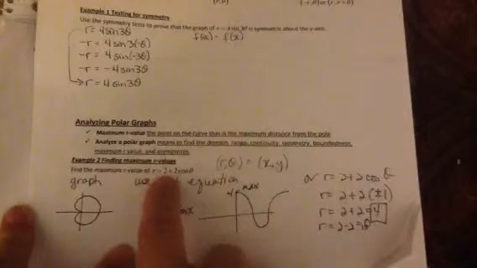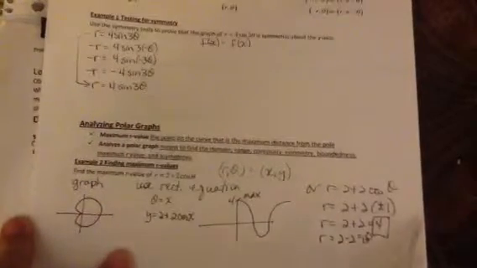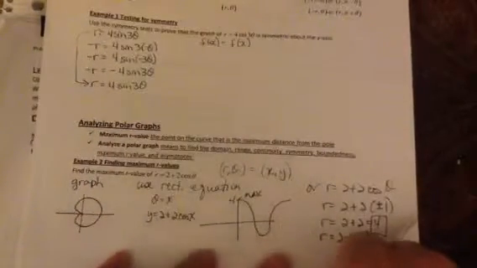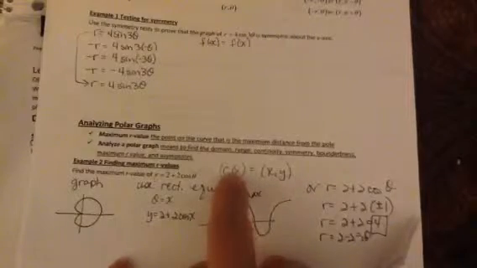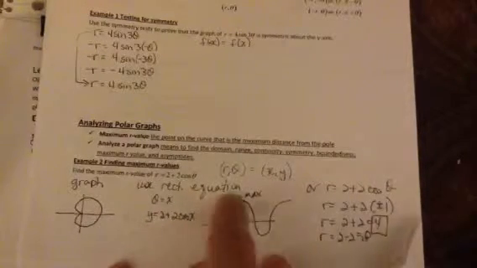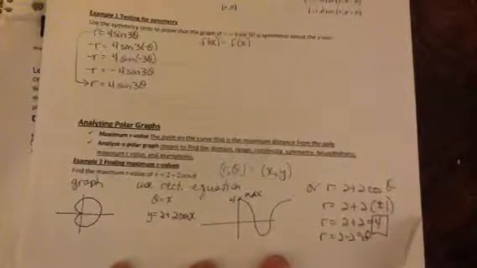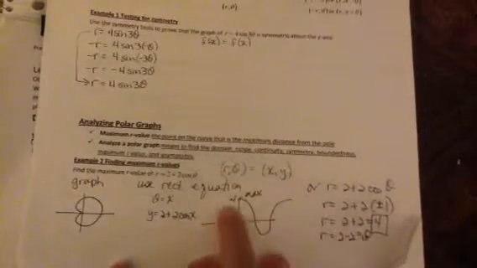If I put this in my calculator in polar form, this is what the graph looks like. It kind of looks like a sideways heart. Now, we're going to try and find it as an x-y. We can use rectangular equations where theta equals x, and we plug it in, and this is what it looks like in function form. When I look at that, my max looks like a 4.